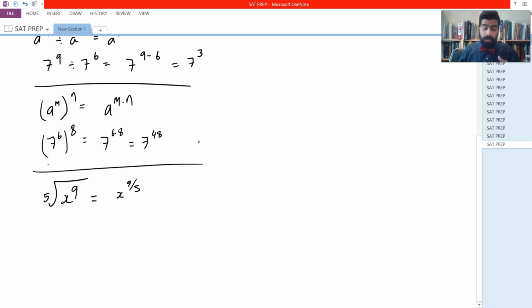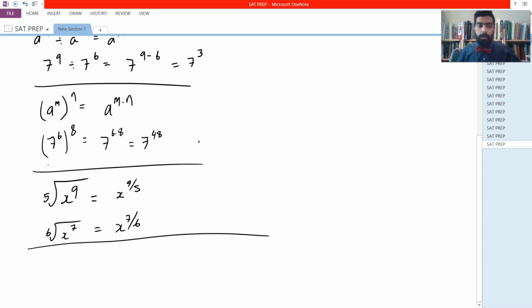In other words, if I have another question, the sixth root of x to the power of 7, this can be written as x to the power of 7 over 6. Alright guys, so this is how we convert radicals to fractional exponents. So we write the exponents as a fraction.